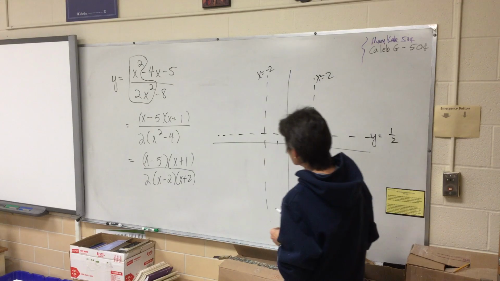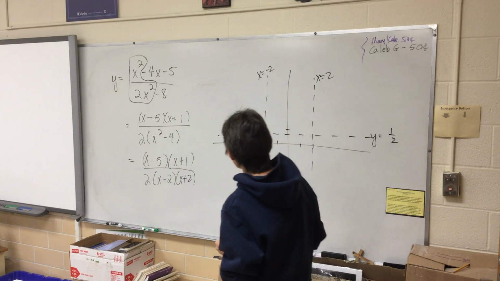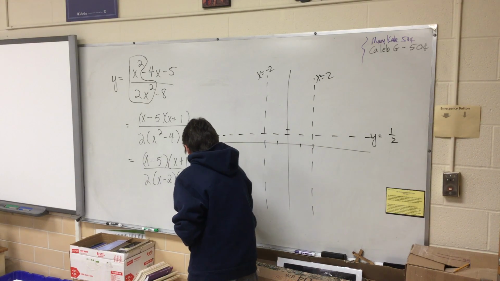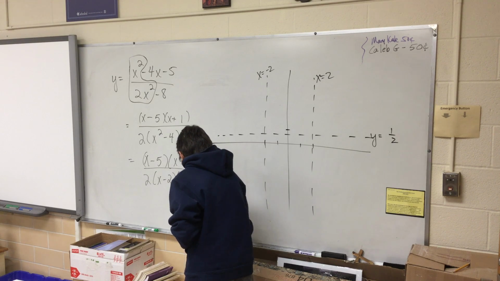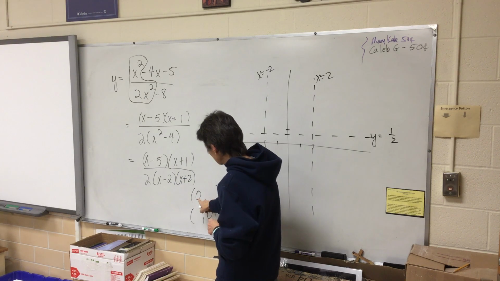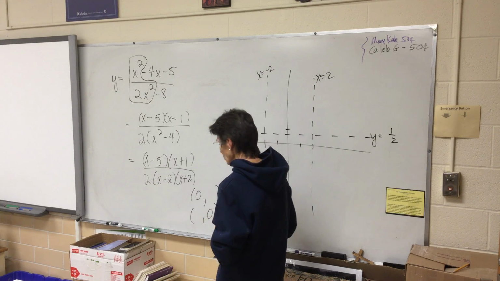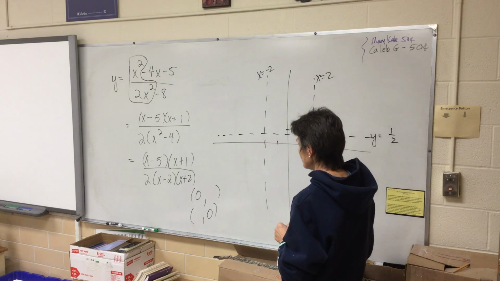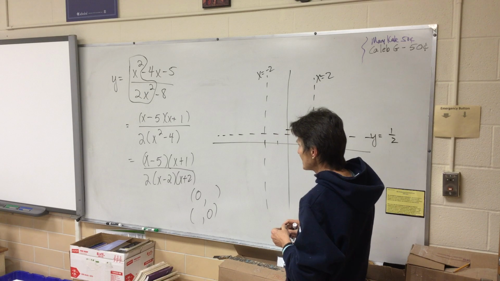All right, how do I get my intercepts now? Write it down. Your intercepts are 2 points, right? And you have a 0 in the x spot and a 0 in the y spot. Doesn't matter which one you do first. You do them separately.